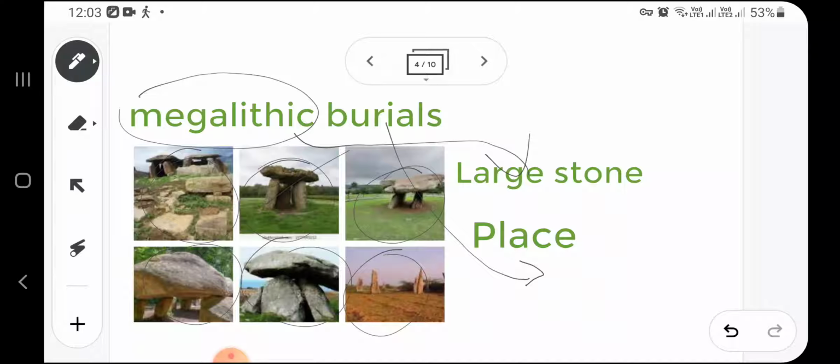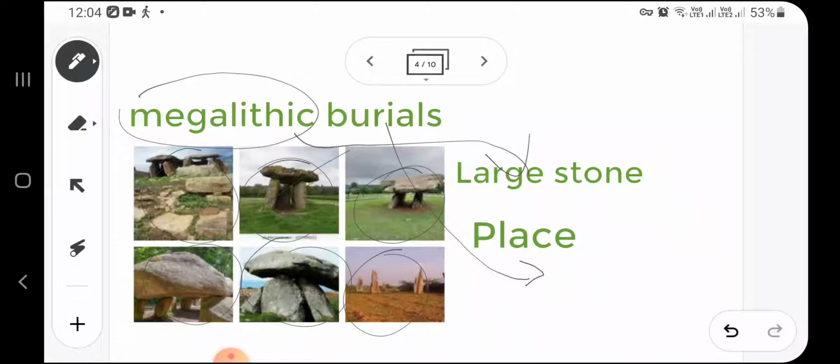Along with the body, they buried all these tools and weapons. Archaeologists found iron tools and weapons in these areas. It means in those periods, people used iron tools.